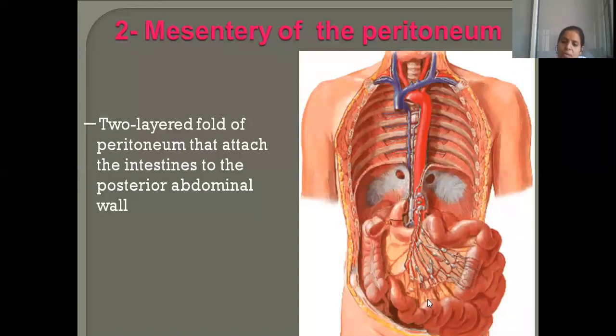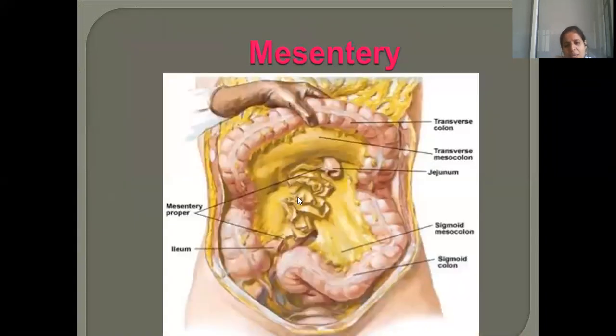Okay. So now, are you finding all these coils of small intestines are suspended by means of a fold of peritoneum? This fold of peritoneum is nothing but mesentery. Okay, meso is the word which is usually used to represent peritoneum. Enteron means intestine. So this fold we call it as mesentery. Then now see here, the coils of intestines have been cut here.